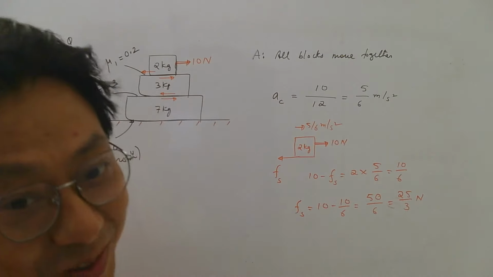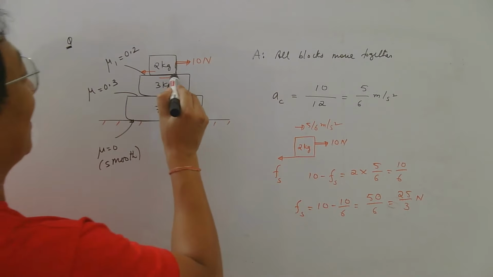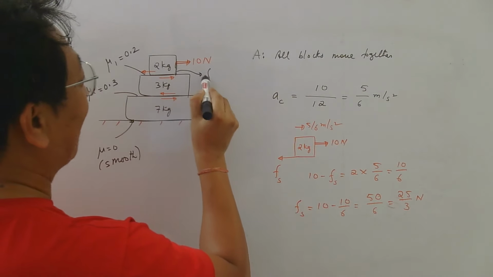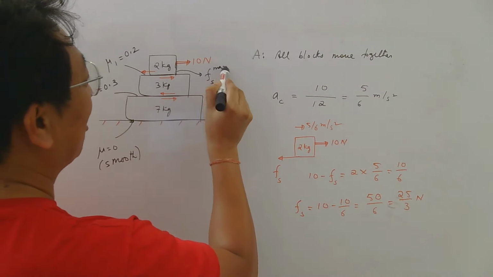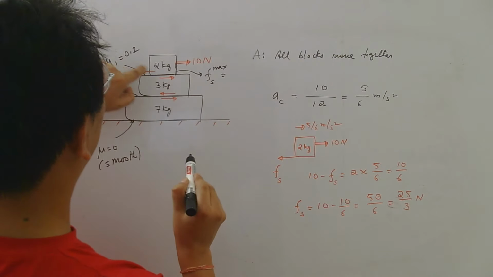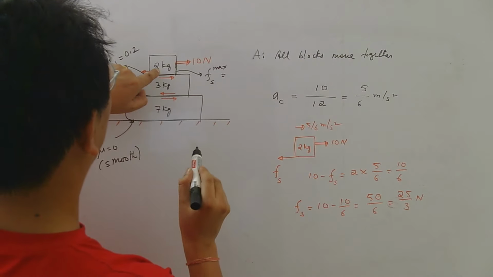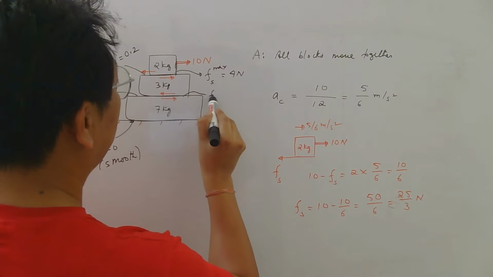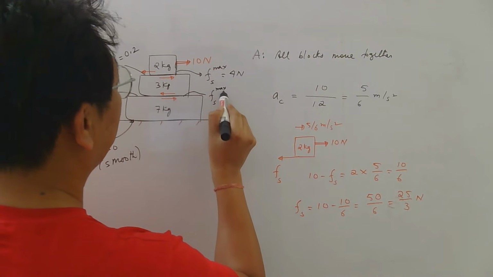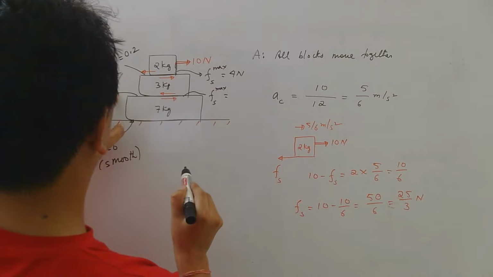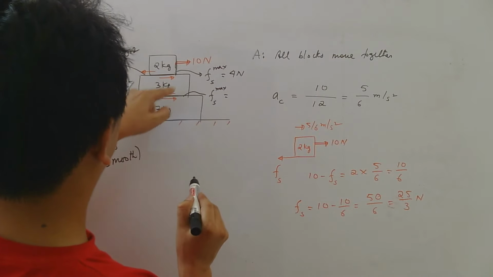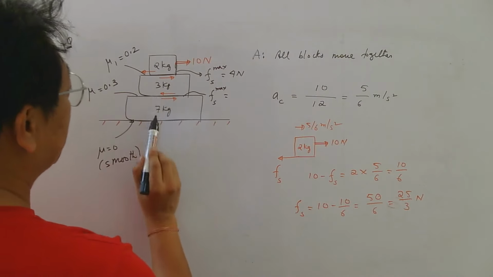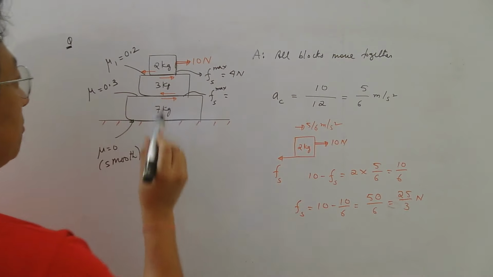But so many times we did these problems, so let us calculate. Maximum static friction here will be how much? 0.2 into 20, that will be 4 Newton, correct? Maximum static friction here will be how much? 0.3 into 3 plus 2, because the normal force here has to balance 5 kg, so 50.